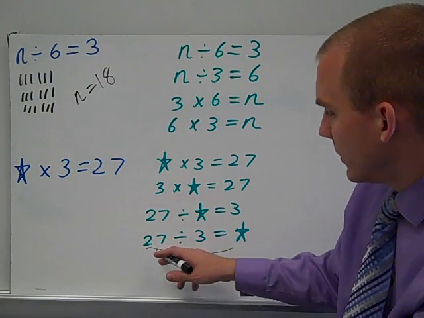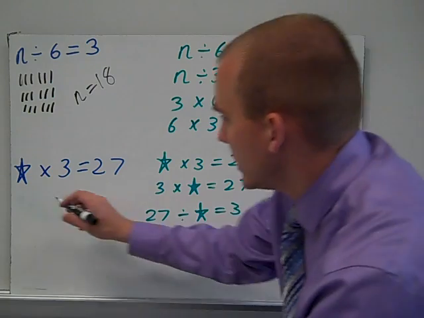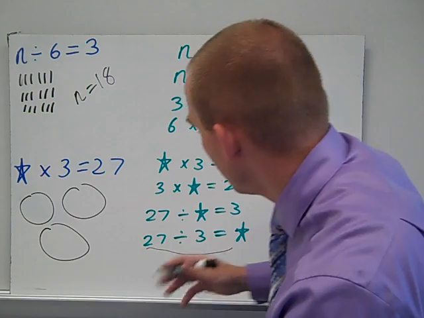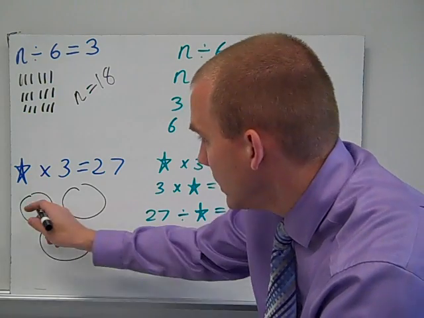In which case you'll do 27. You'll split it into, say, 3 equal groups. So let's do it like that. 1, 2, 3. Now we'll just count up the 27 equally.